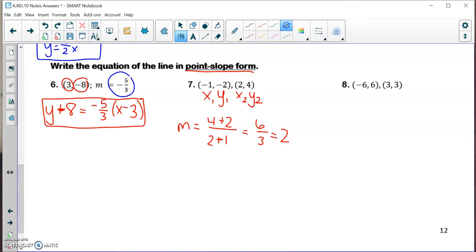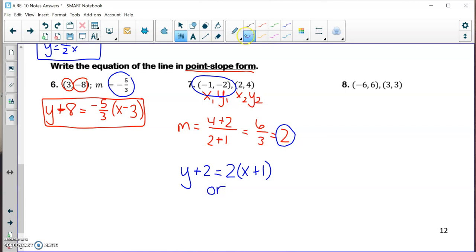So now, again, your choice. We're going to absolutely need to use the slope, but you get to choose which one of these points you want to use. If you decide to choose the first point, your equation would be y minus a negative 2, which is really a plus 2, is equal to 2 times x minus a negative 1, which is really a plus 1. That would be a correct equation in point slope form.